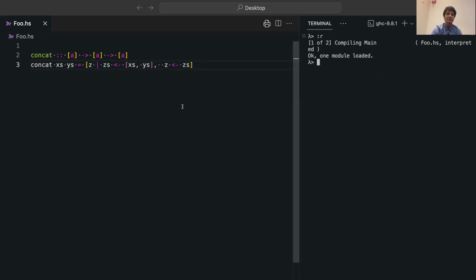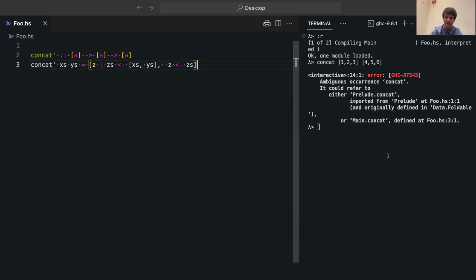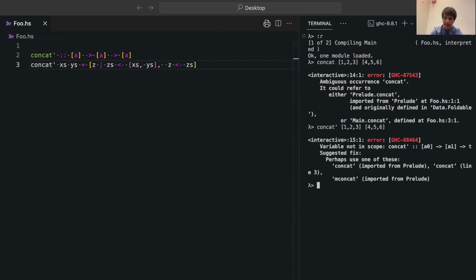I said, this will concatenate the lists. Concat 1, 2, 3, 4, 5, 6. Works perfectly. What would happen here? Oh, I think I have to overwrite concat because I think concat was in the prelude. No. Oh, I reload.